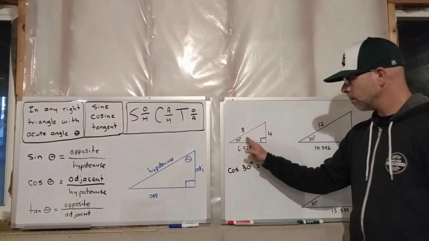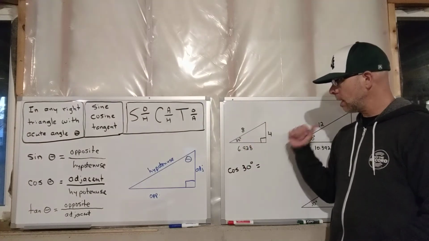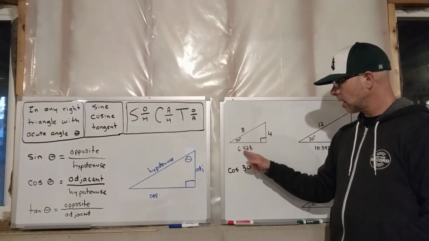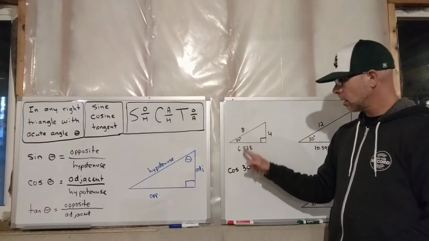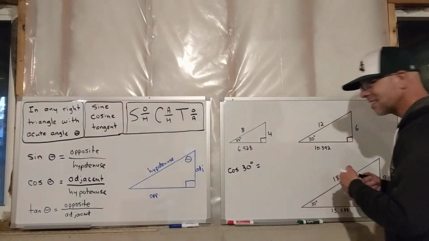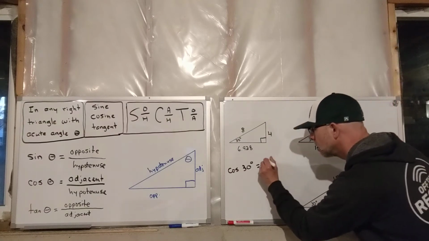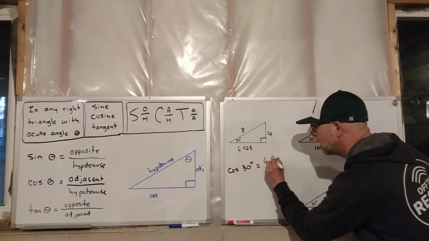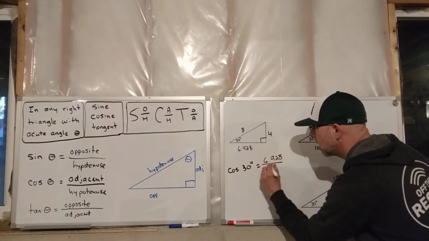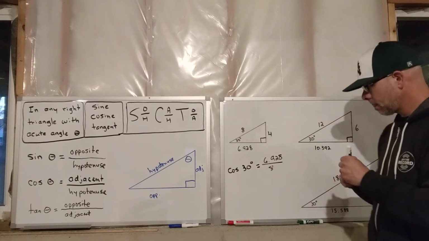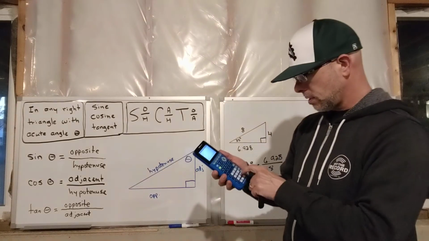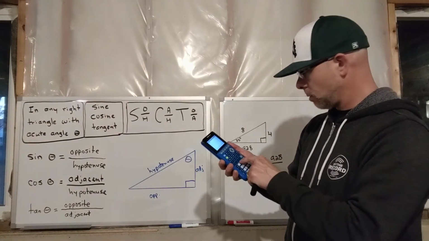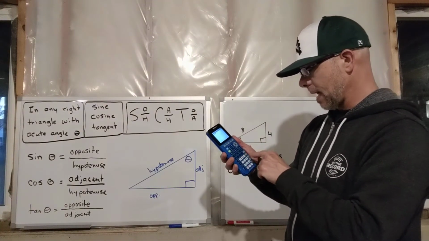In this picture, let's use the little picture here of the 3. Next to the 30 is 6.928 and the hypotenuse is 8. Adjacent over hypotenuse. It's not going to look as nice. 6.928 divided by 8. Well, if I did that, I'm doing this one a little different. I'm going to do the 6.928 divided by 8 this time.